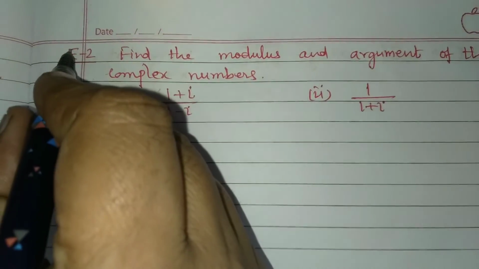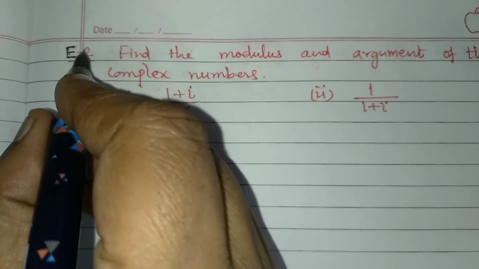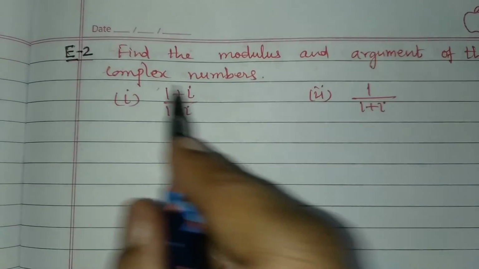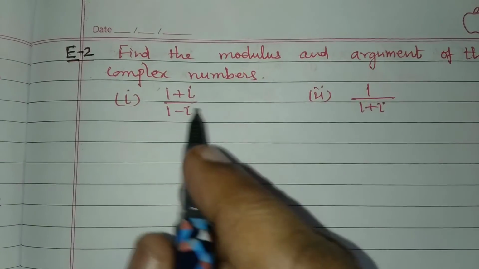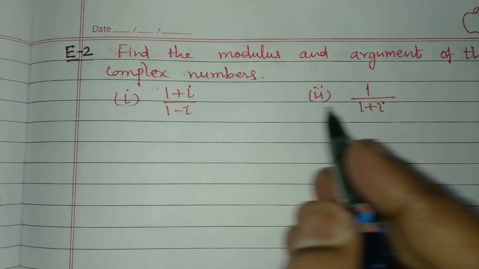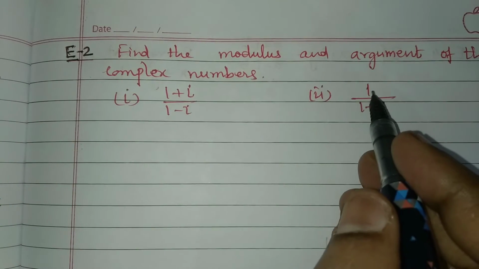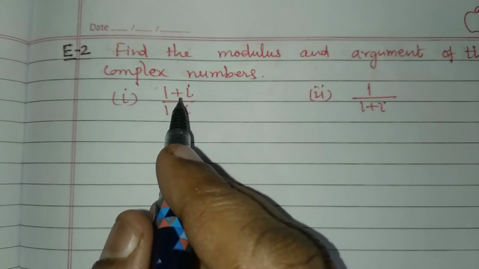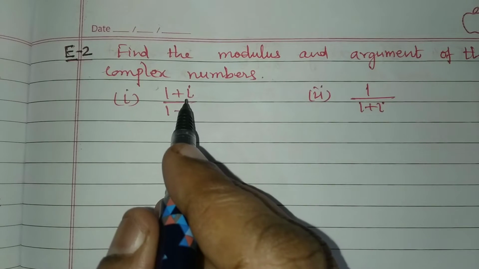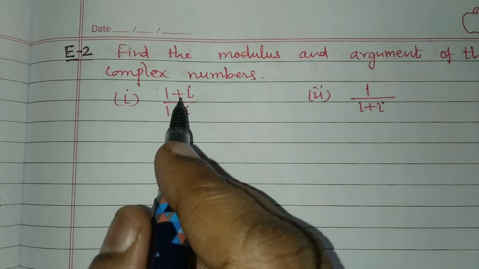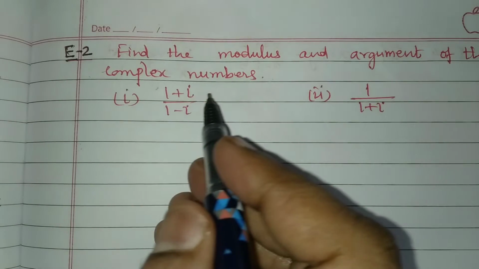Next example is example 2. Find the modulus and argument of the complex number, and the first complex number is 1 plus i divided by 1 minus i, and second is 1 by 1 plus i. So here first of all we have to write this complex number in standard form, and standard form means a plus ib or x plus iy.